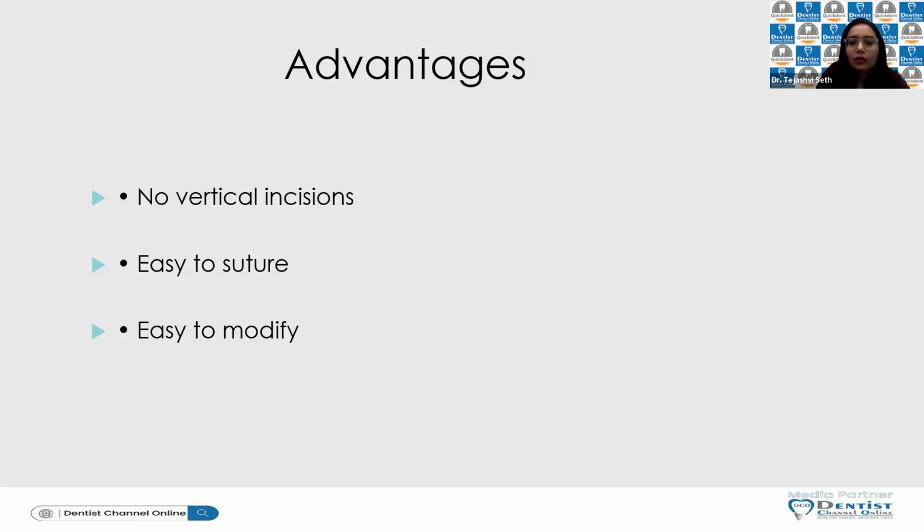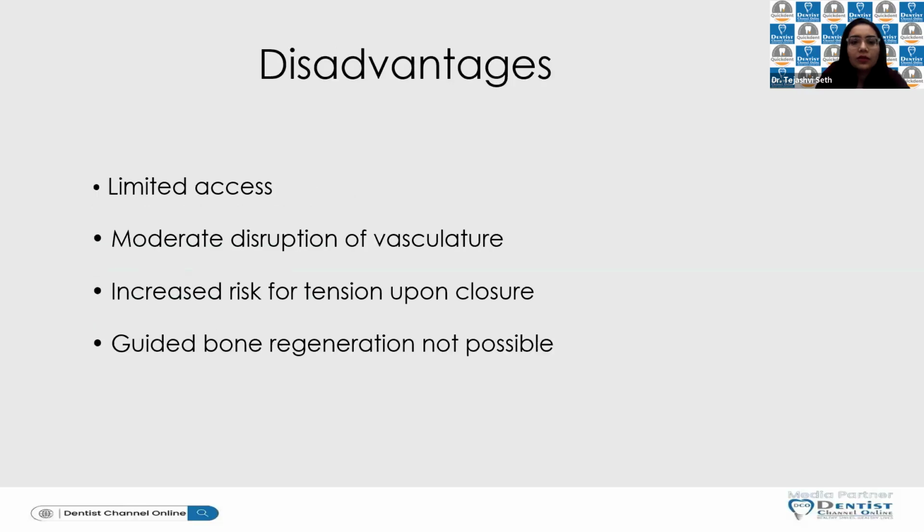The tissue should not go into hypoxia. And if there is no vertical incision, there will be less suturing, less scar formation, and ultimately better tissue adaptation. And the drawback also is that it gives a tension while you close.